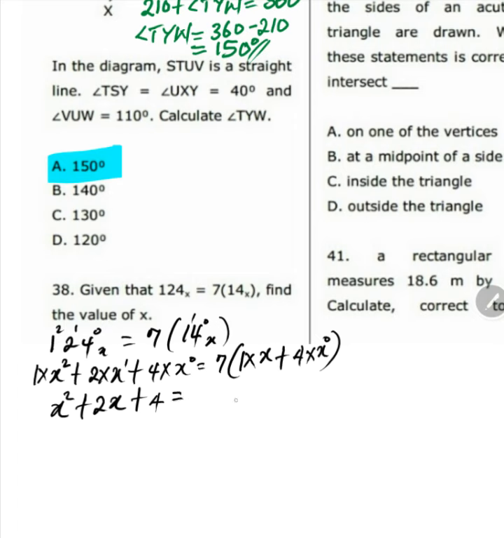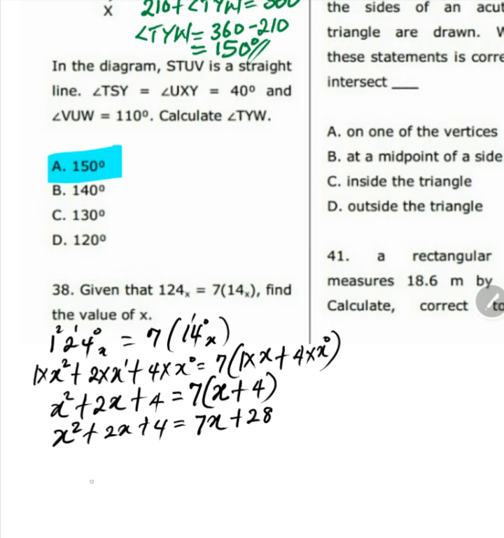Then we have it's equal to 7 into 1 times x, we give x, plus 4 times x raised to the power of 0, that is 4 times 1 will be equal to 4. We now have x squared plus 2x plus 4 equal to 7 times x is 7x, then 7 times 4 is 28.